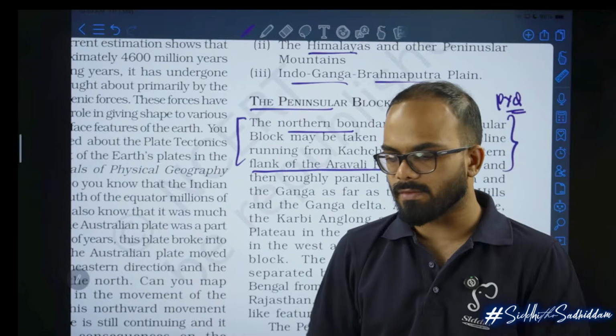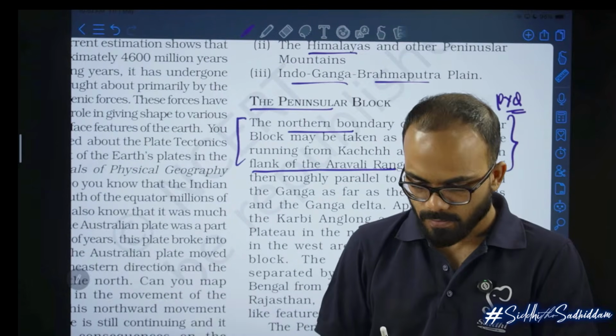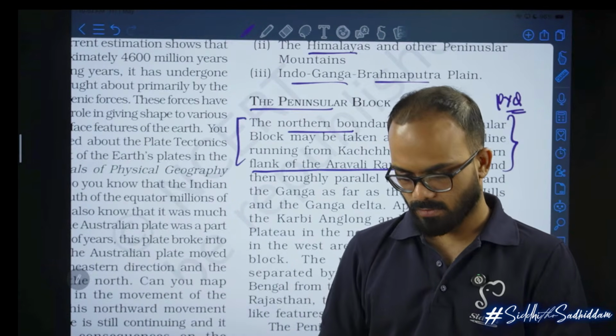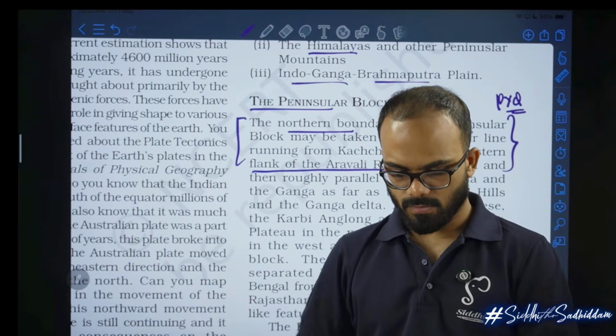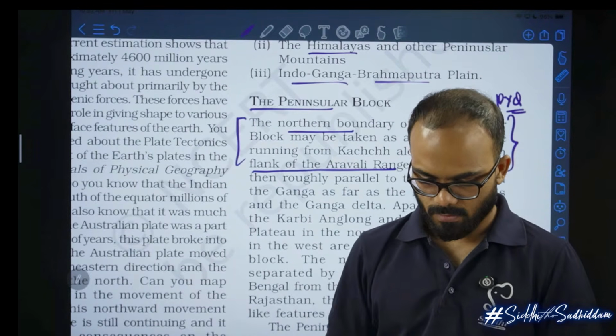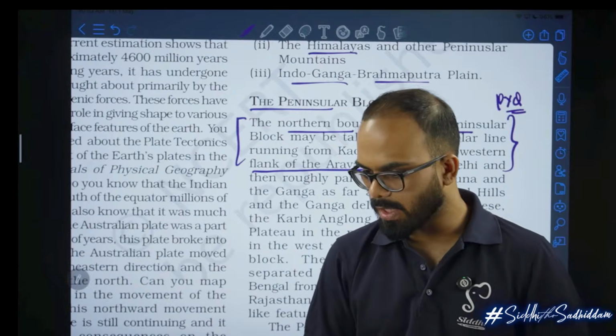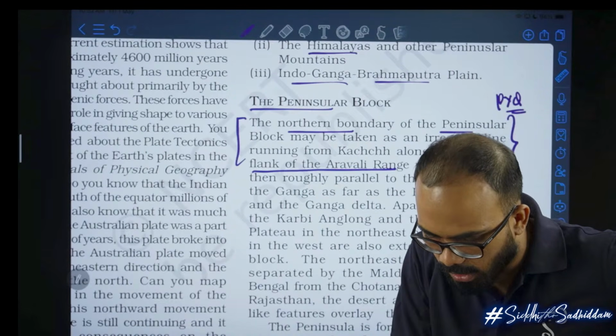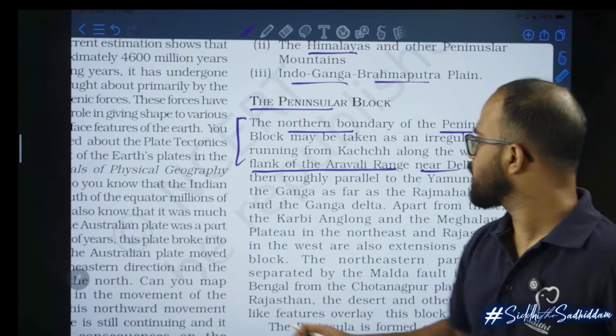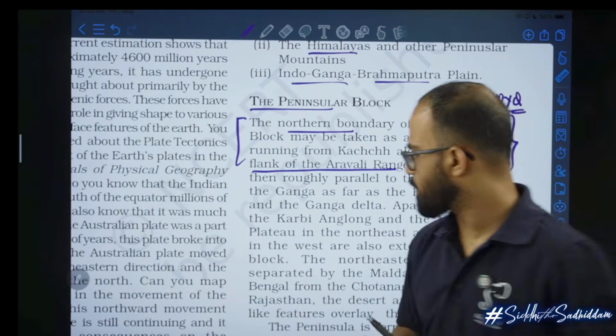You remember the sentence of the question? Yes? No? Yes? So the northern boundary of peninsular block is a line that is running from Kutch.